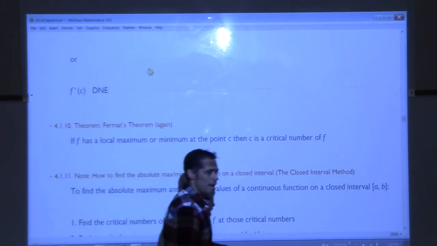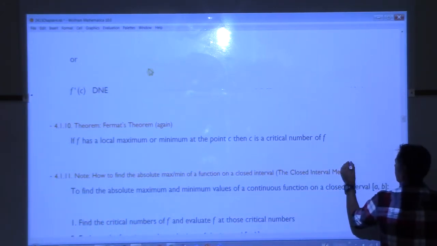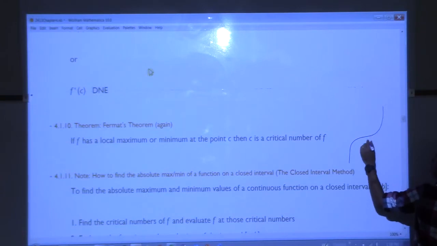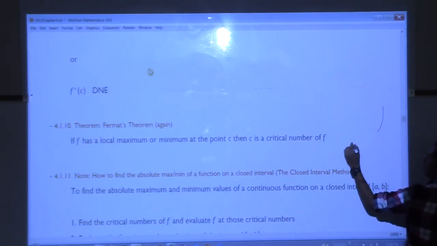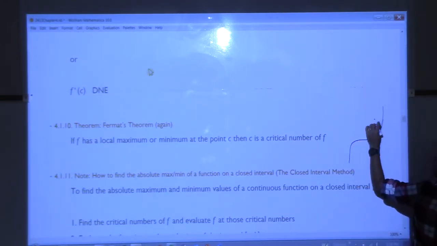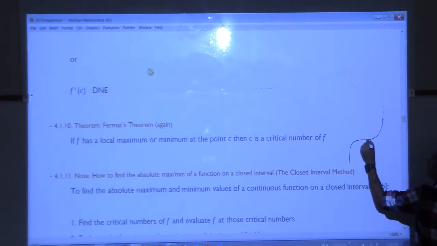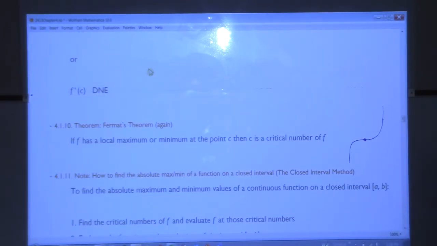You want to see a visual example of that? We did it earlier. X cubed. Look at that point right there. What's the slope of the tangent line there? Right here the slope of the tangent line is positive, then it's going to flatten out, right?